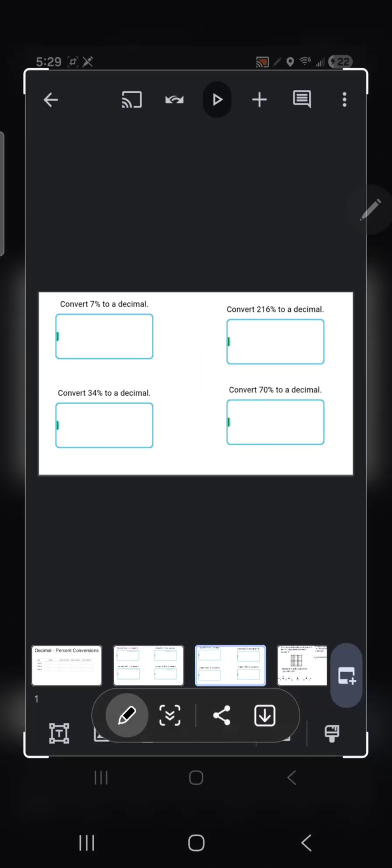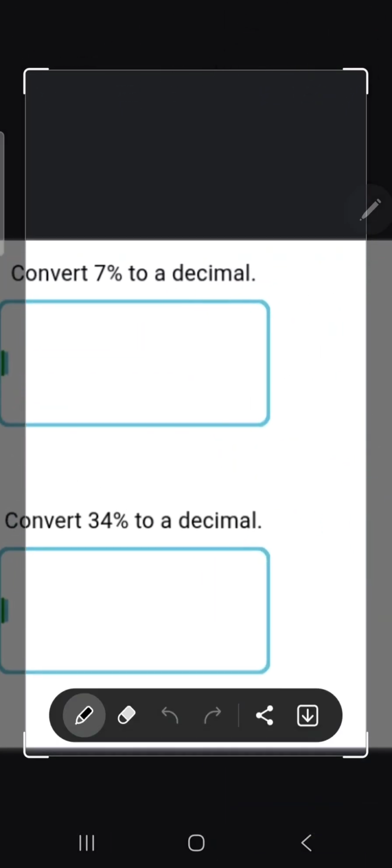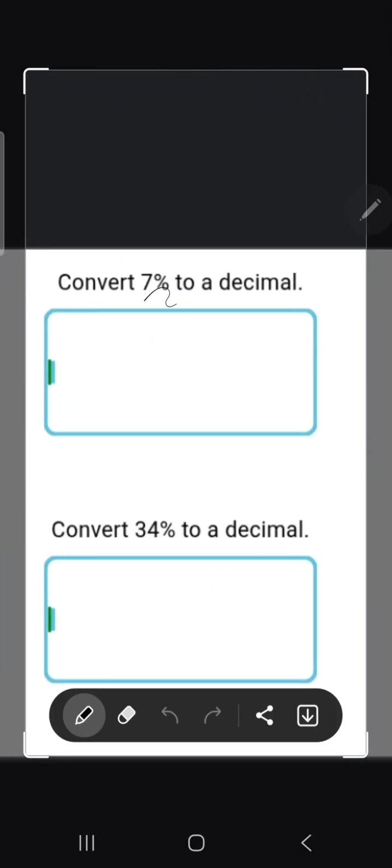Okay, now we're going to convert a percent to a decimal. So we're going to reverse the process. We're going to divide by 100, and 7 divided by 100 will be 0.07, and we lose the percent sign. So the next problem we have is 34% converting to a decimal. So same idea, I'm going to divide by 100. 34 divided by 100 would be 0.34 as a decimal.